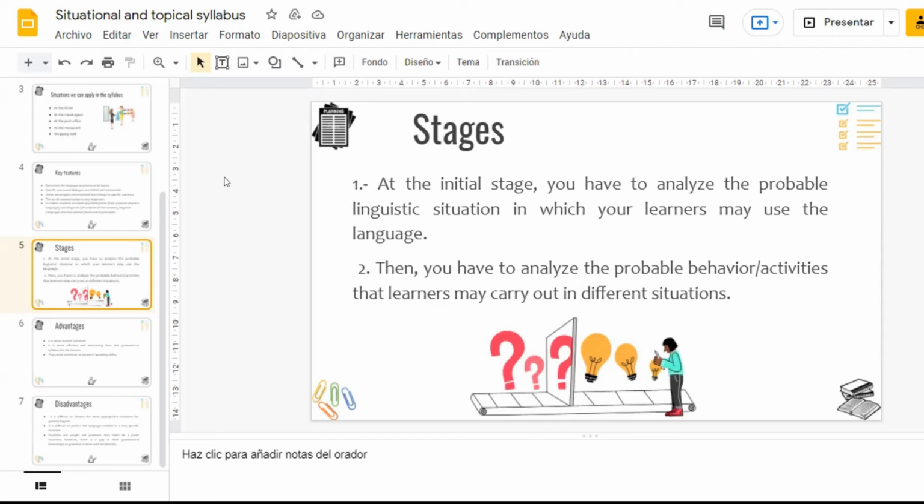For example, if we focus on productive skills or receptive skills, it's more about how you are providing the message. But since we're talking about the situational and topical syllabus, the main focus is the communicative effectiveness within a situation, rather than structures used in a conversation.